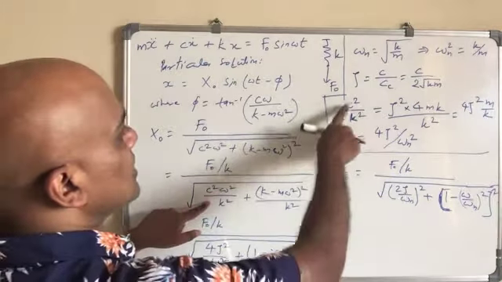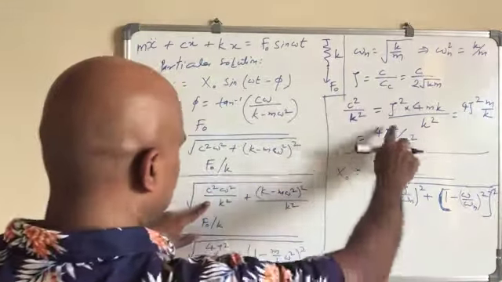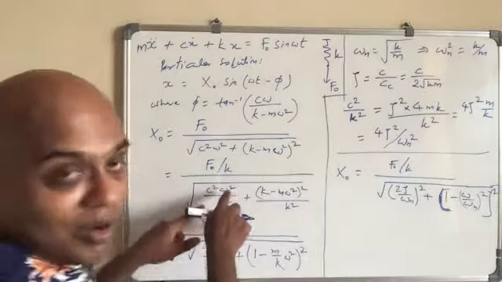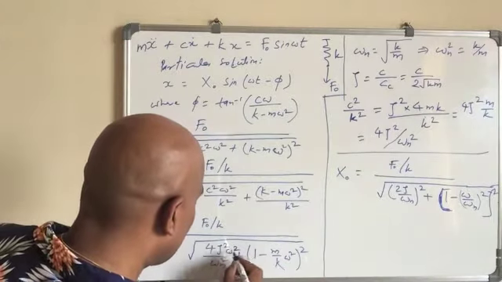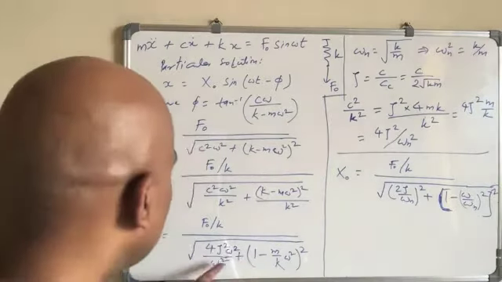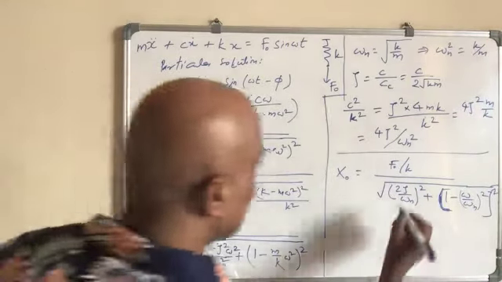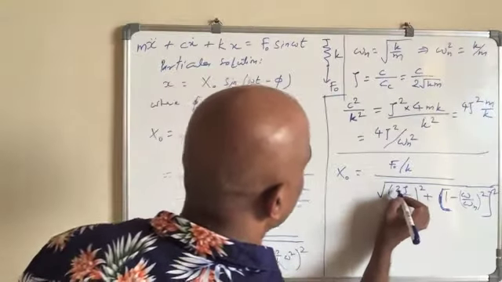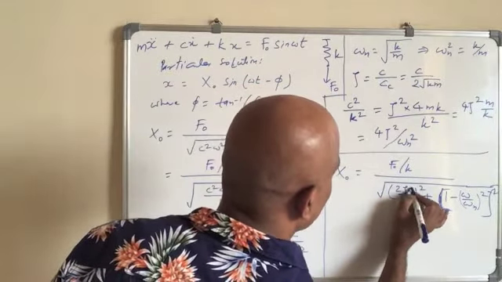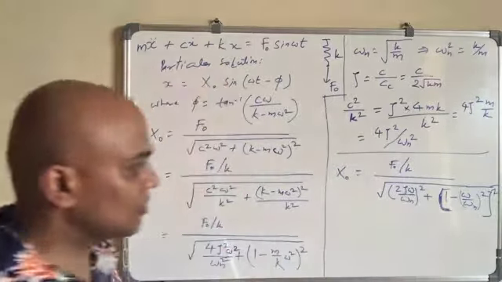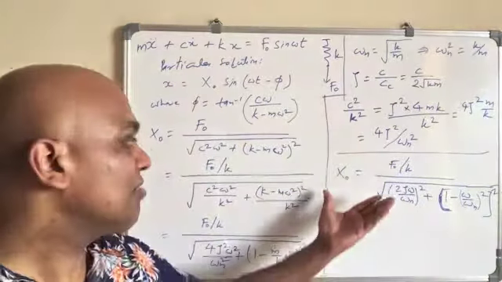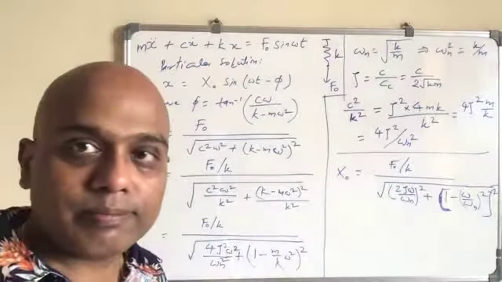We put the C square K square term here, but we forgot omega square, so we also have to write omega square here. Accordingly, we will have 2 zeta omega over omega n whole square. Okay, so this is the final x naught value.